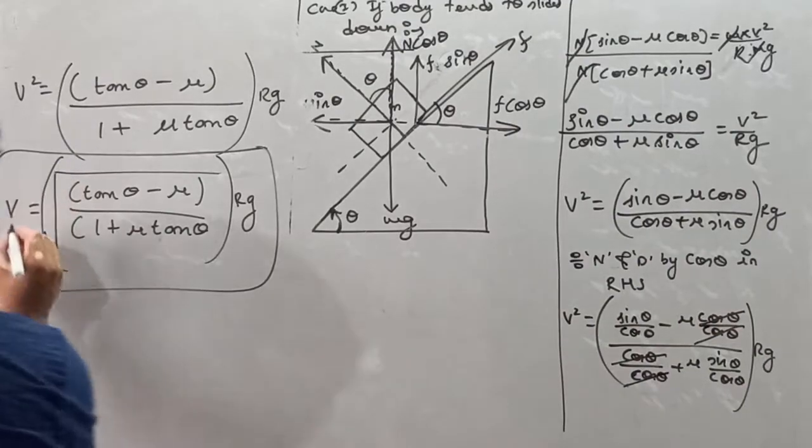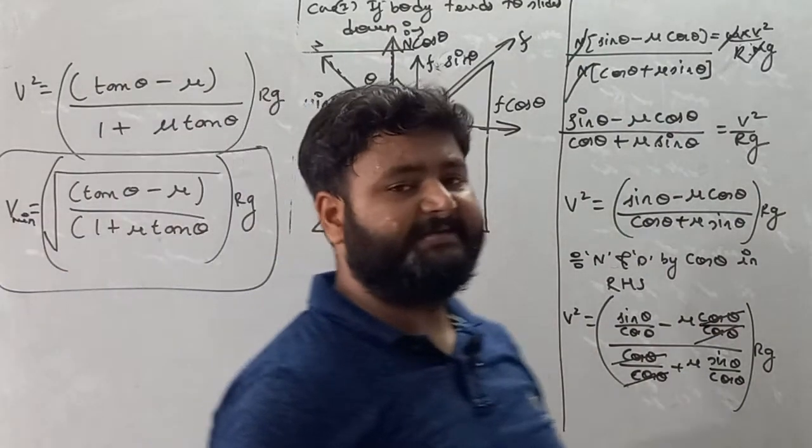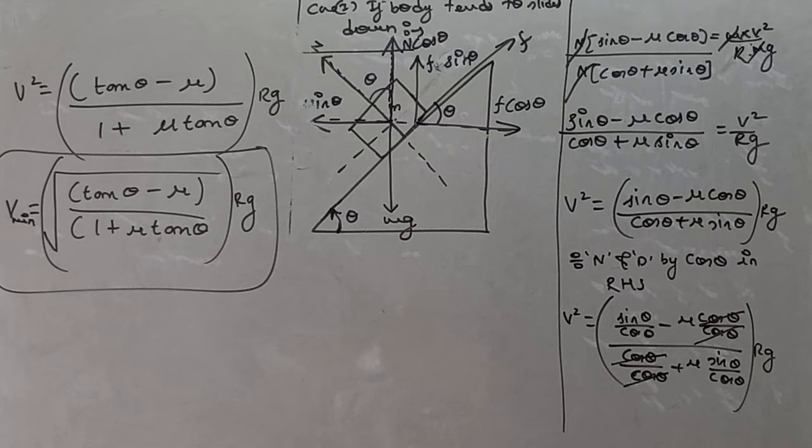Remember, this velocity is the minimum velocity required to take a turn on a banked road. V minimum is equal to under root of tan theta minus mu upon 1 plus mu tan theta into rg.